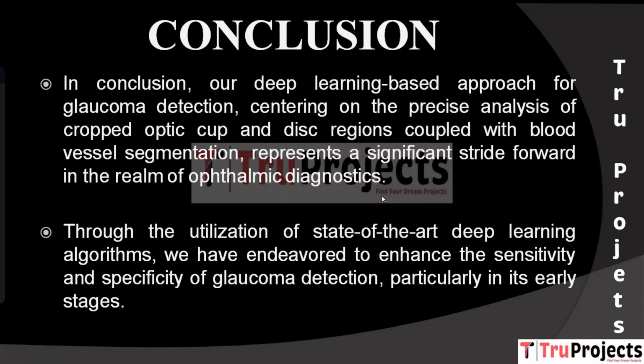By harnessing cutting-edge deep learning algorithms, we have dedicated our efforts to elevate the sensitivity and specificity of glaucoma detection, with a pronounced emphasis on the early stages of the condition. This commitment to refining diagnostic accuracy holds promising implications for timely intervention and improved patient outcomes in the intricate landscape of ophthalmological health. So here we have completed our project.